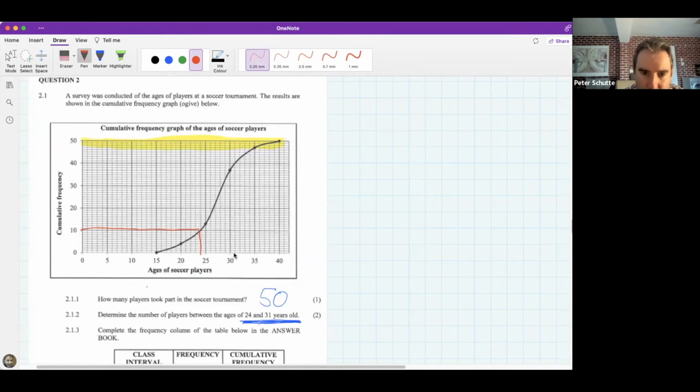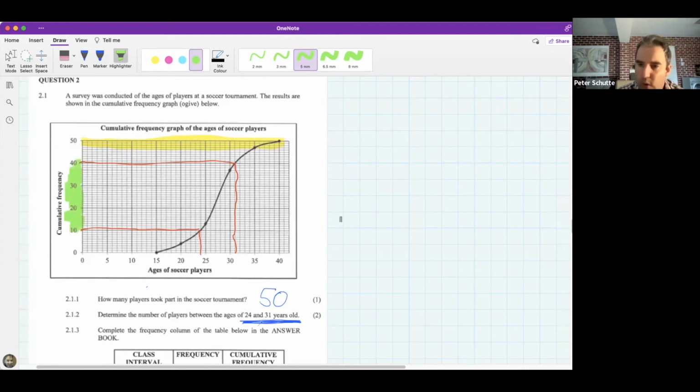And where's 31? 31 is over here. So there are 40 students who are less than 31. So how many players are there between 24 and 31? So that's going to be basically all these players.